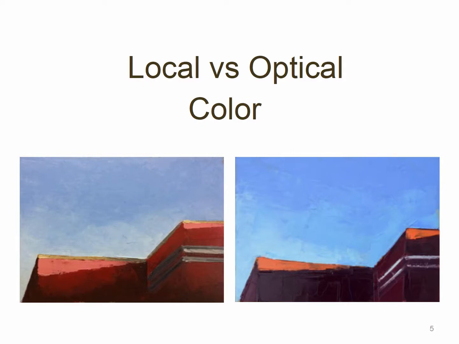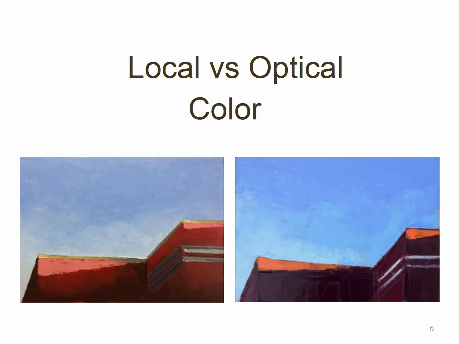The difference in the way that color is used in those two approaches is very dramatic. As you can see on the left, this building that is being struck by very warm afternoon fall light loses some of that sense of illumination through the mixture of white into the main physical color. It also loses some of that sense of illumination with the addition of black to darken the color.